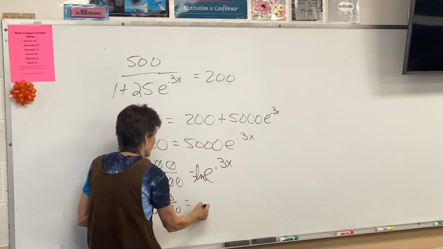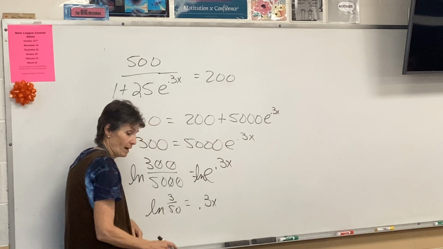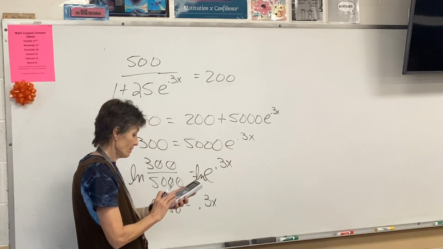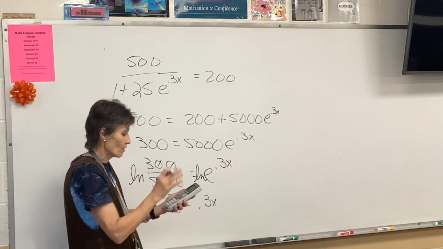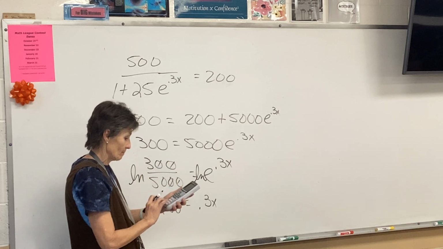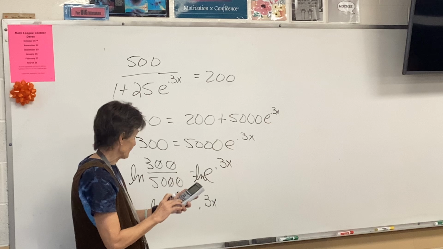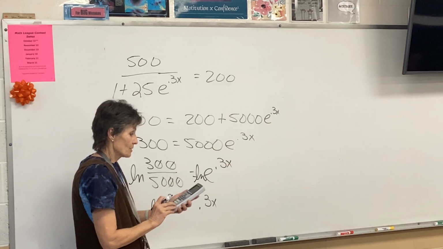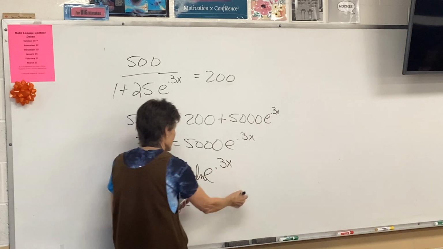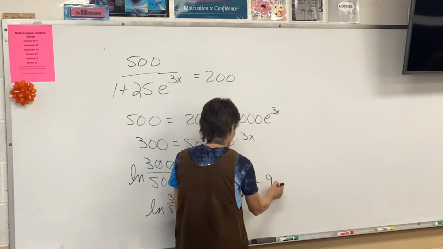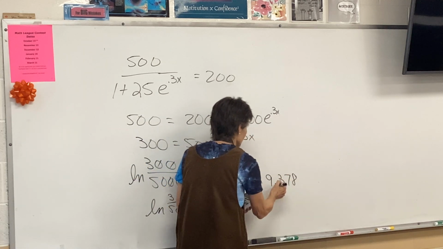Cancel out. And divide by 0.3. Now I reduced, you don't have to. Leave it 300 over 5,000 if you want. Same thing. So I heard somebody say this number earlier and you were right. Negative 9.378.